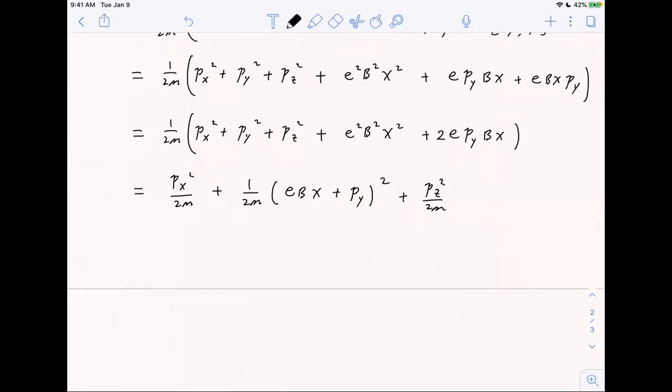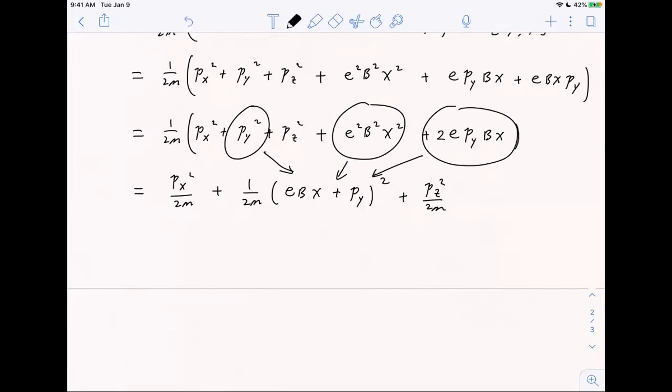So you just combine this, then you get this.